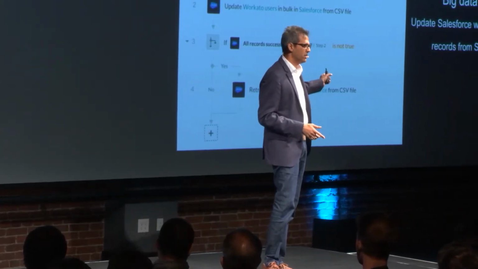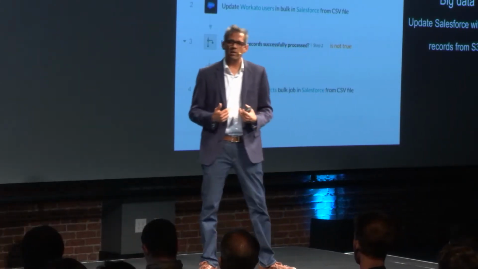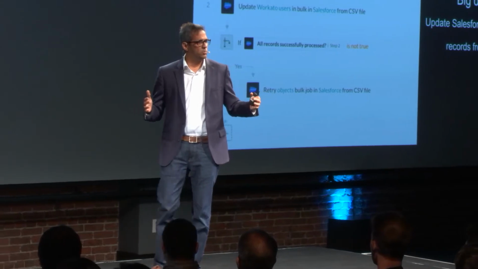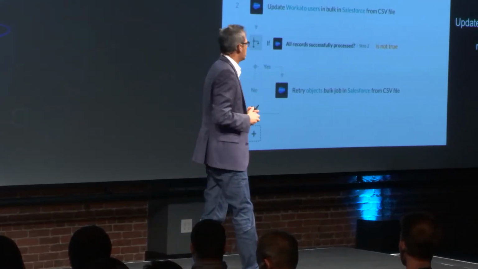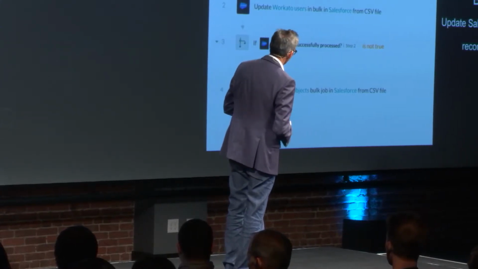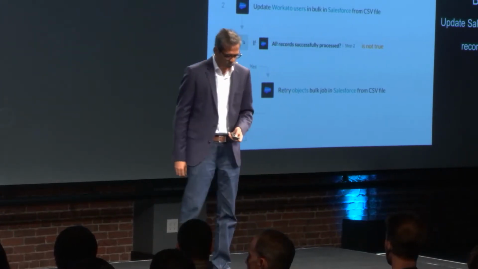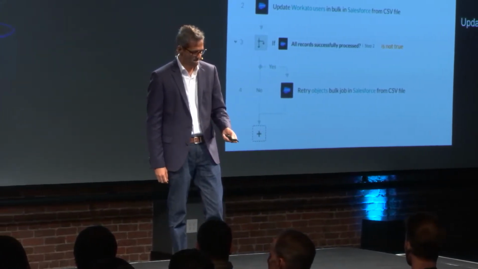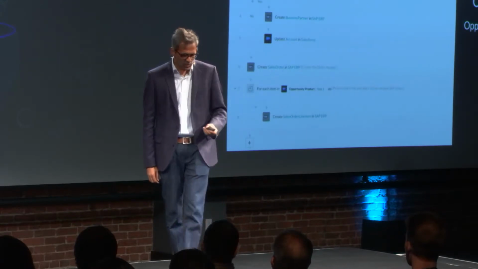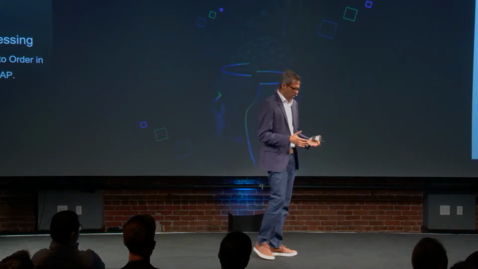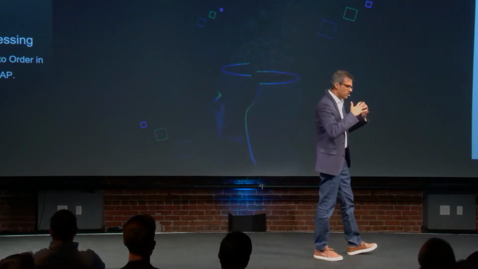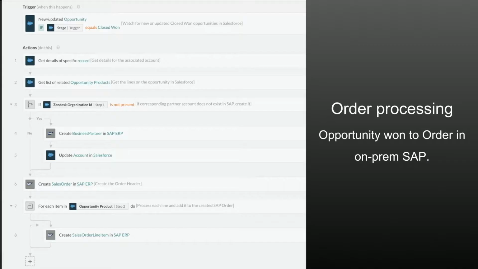So if you send it a 5 gig file, we deal with the complexities of breaking that into pieces, reassembling it, and making sure that they have all been successfully processed by Salesforce. So again, another example of the recipe abstracting complexity.